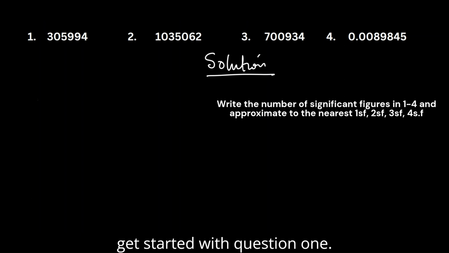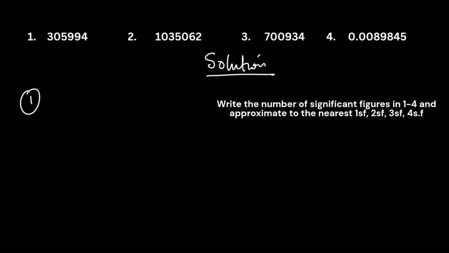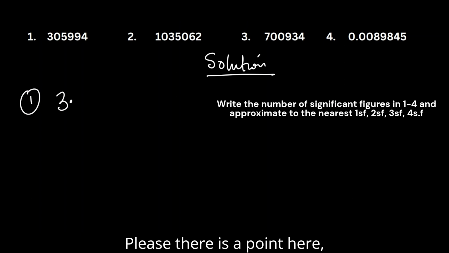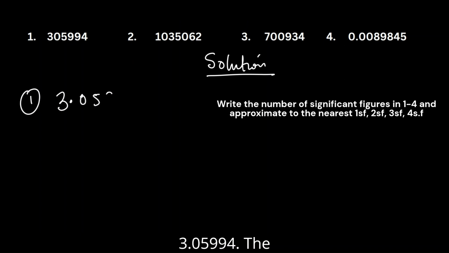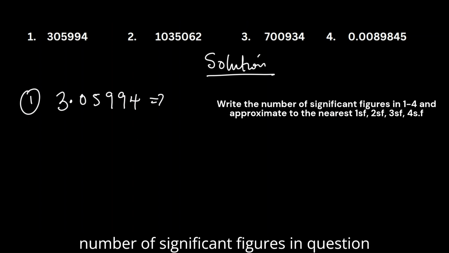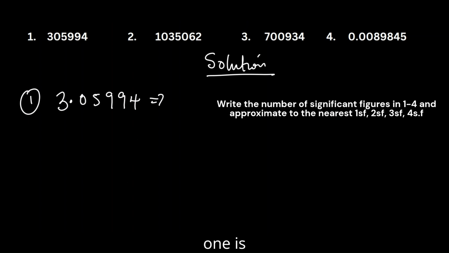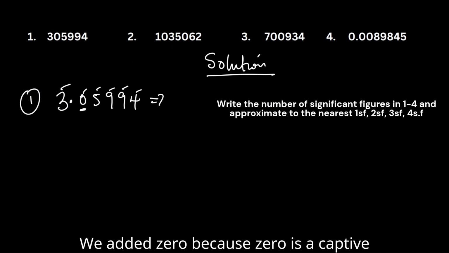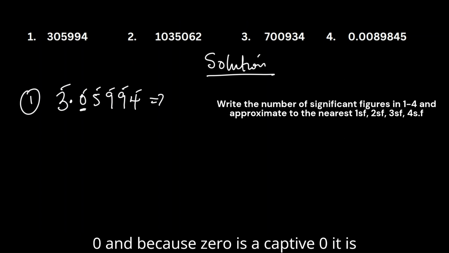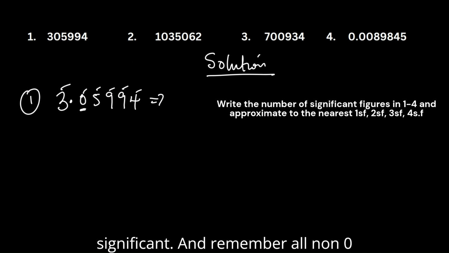Let's get started with question 1. Please, there is a point here, 3.05994. The number of significant figures in question 1 is 1, 2, 3, 4, 5, 6. We counted the 0 because it is a captive zero, and because 0 is a captive zero, it is significant.